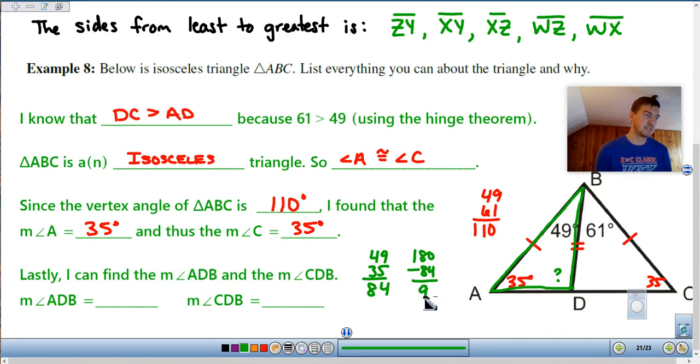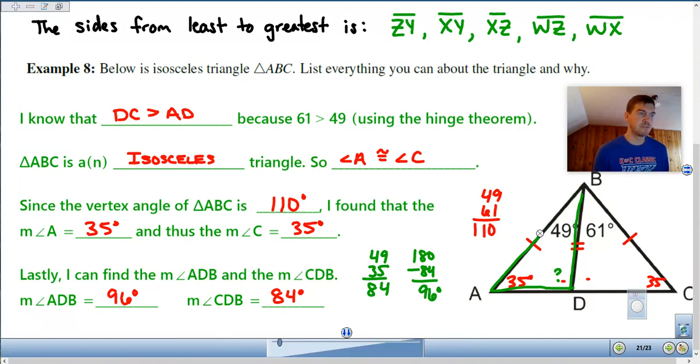And you would get 96 degrees for ADB. And then CDB would be its supplement, and that's going to be 84 degrees. I'm just using the fact that those are a linear pair and would be supplementary.